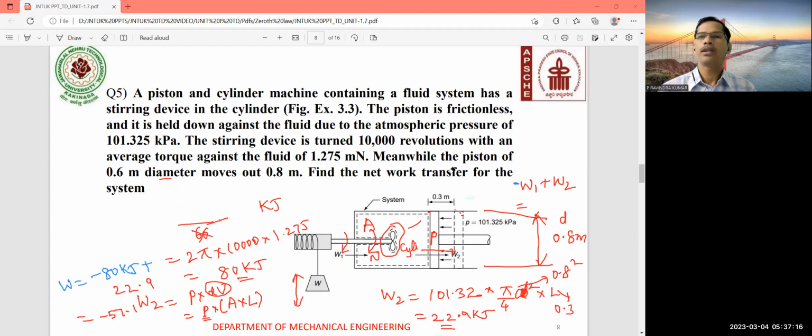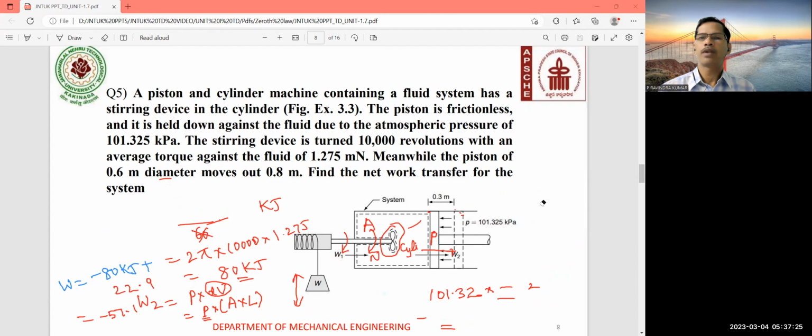Applying the basic fundamentals we have learned in the previous lectures to solve the numerical problems of heat and work transfer calculations.